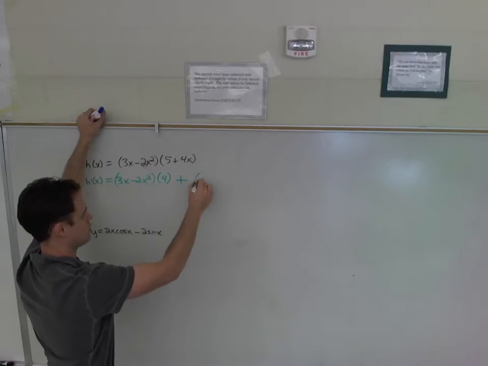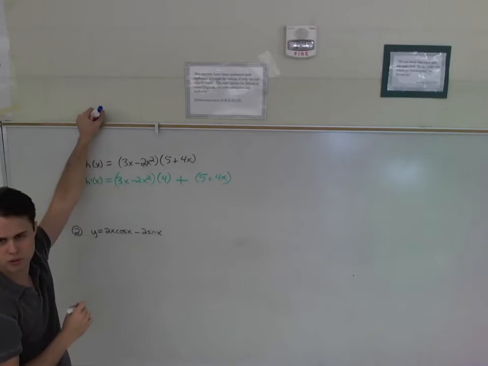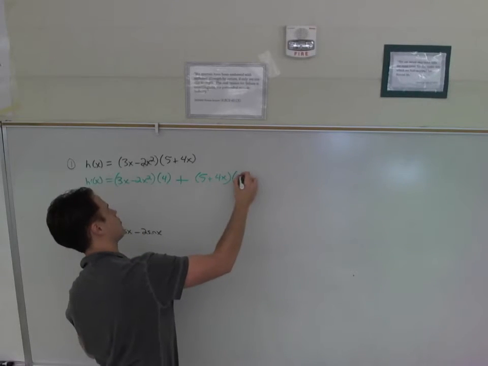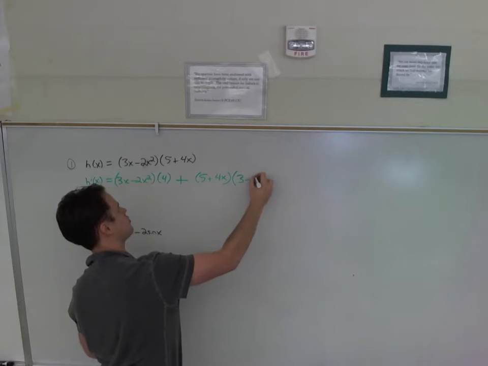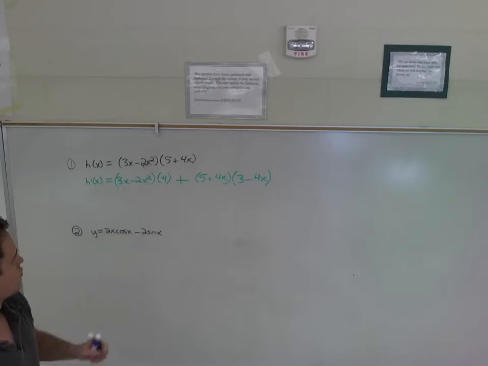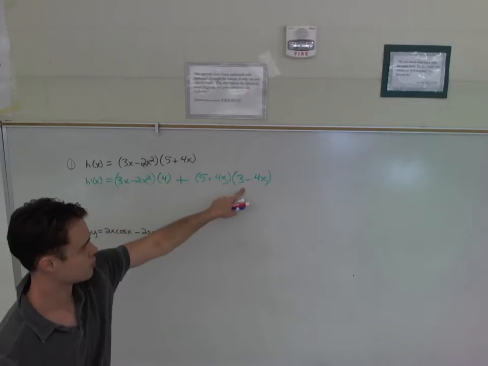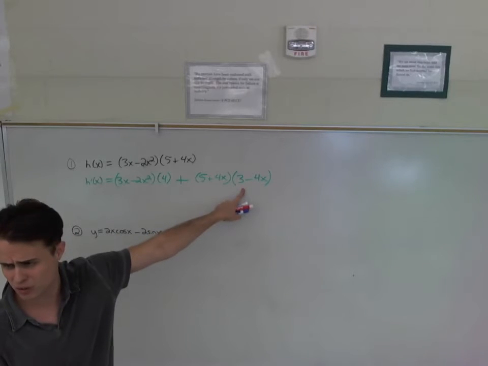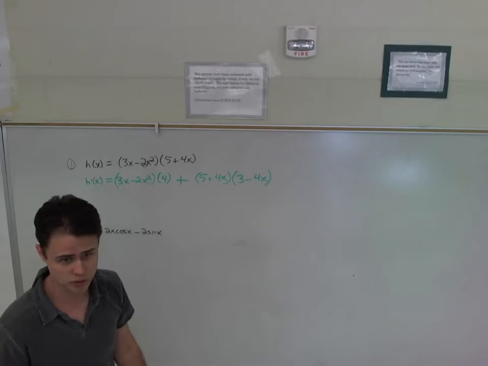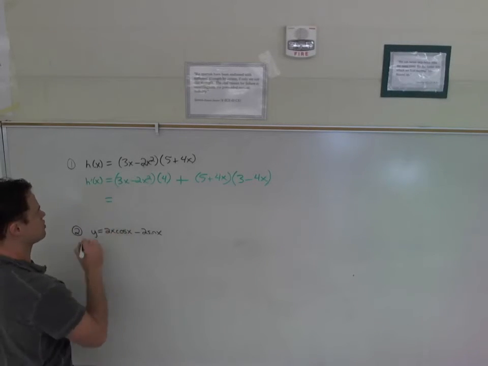Plus, now take the second thing, leave it alone, and multiply by the derivative of the first thing. What do you get? 3 minus 4x. So that's first thing, derivative of second thing, plus second thing, derivative of first thing. You can do it backwards if you like. You don't have to remember it in a specific order. You just gotta remember a derivative and an original, a derivative and an original when you do both parts. Then you simplify this and see if we can simplify it.